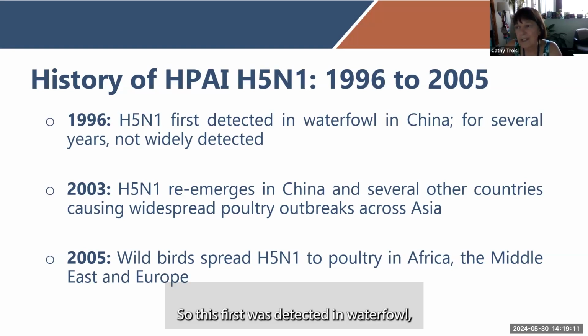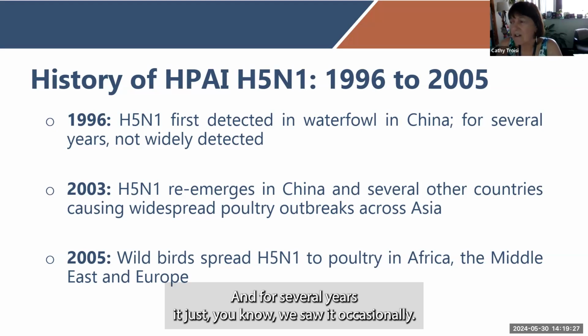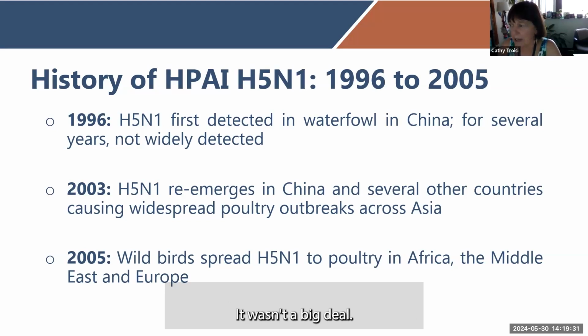This was first detected in waterfowl, and that's typically where we see it, in ducks particularly, poultry as well. But this one was first detected in China in 1996, and for several years we saw it only occasionally. It wasn't a big deal.